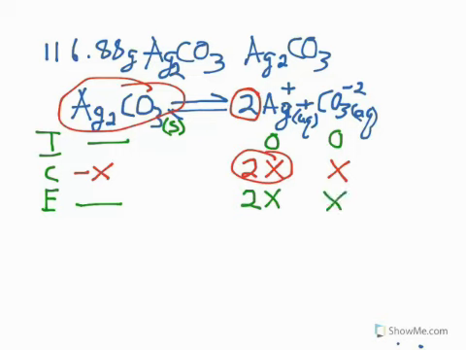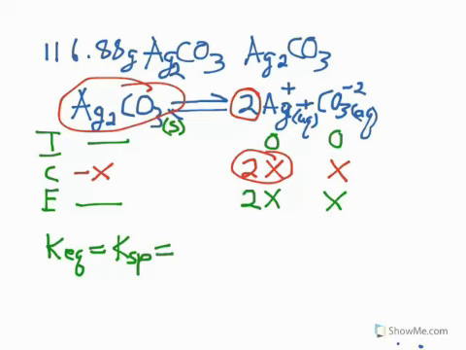The equilibrium expression you should be able to do, and it's given a special equilibrium symbol, which is now called KSP. Sometimes called the solubility product. You don't need to know that.